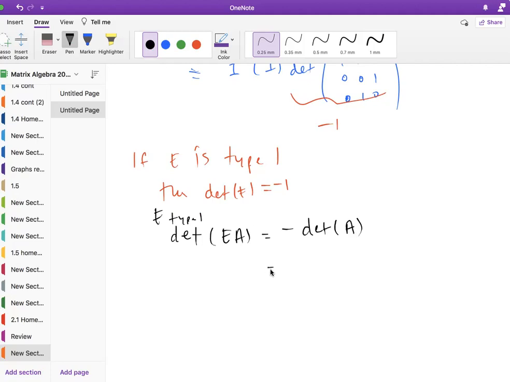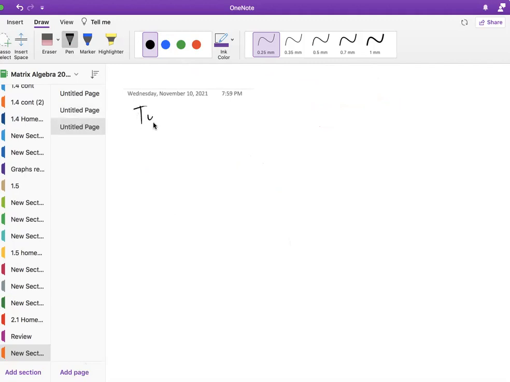But we just showed that the determinant of E is equal to -1. So this is really determinant of E times determinant of A, just substituting -1 in for determinant of E. Does that make sense? All right, cool.